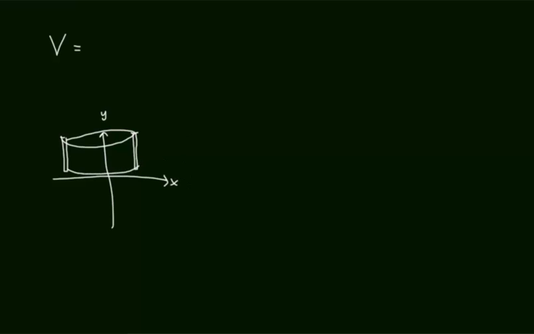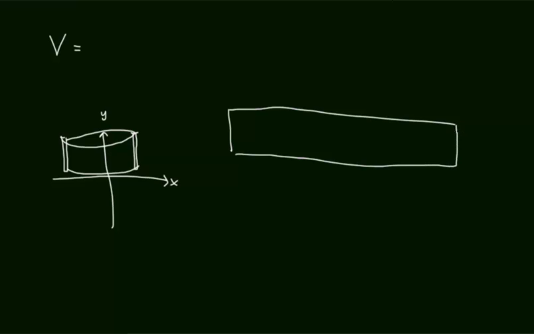Okay, so let's take a look at this. Suppose I took this shell, trimmed it, cut it, and then unwrapped it. It would be longer like this. Not very neat, but that would be like a rectangle. Keep in mind that this has a little bit of thickness. So the question becomes, what is the volume of this rectangular box, if you will?